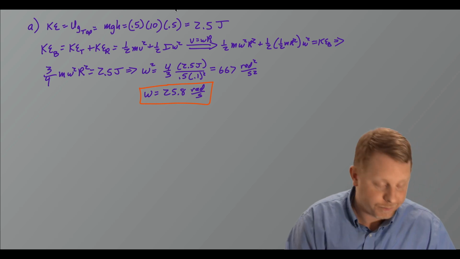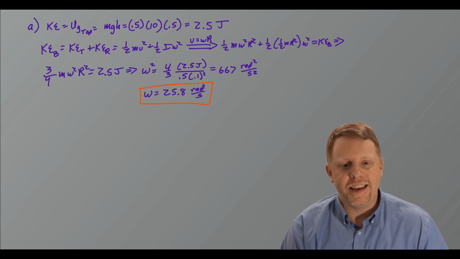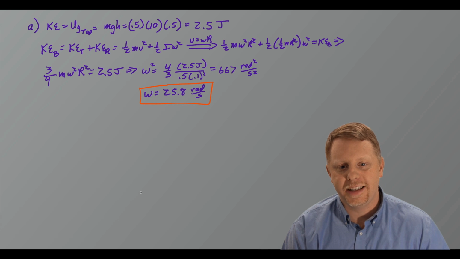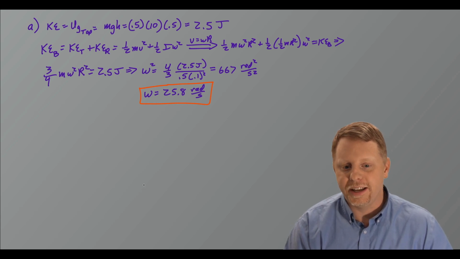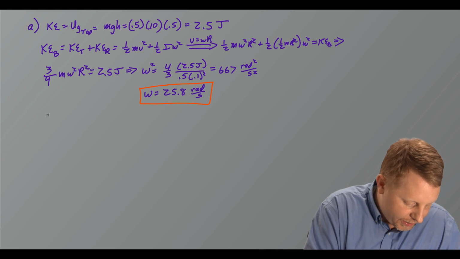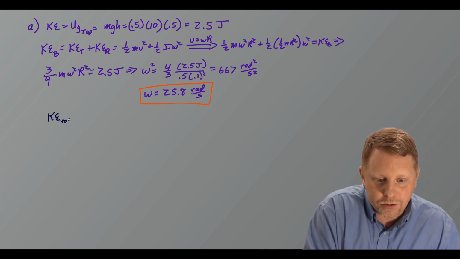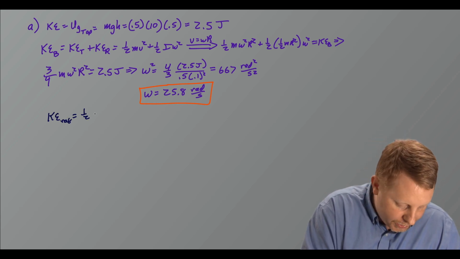We're getting there. For part C, calculate the ratio of the rotational kinetic energy to the total kinetic energy for the cylinder at the moment it reaches the floor. All right, well, the rotational kinetic energy, when it hits the floor, we can calculate that. Kinetic energy rotational is 1/2 I omega squared.